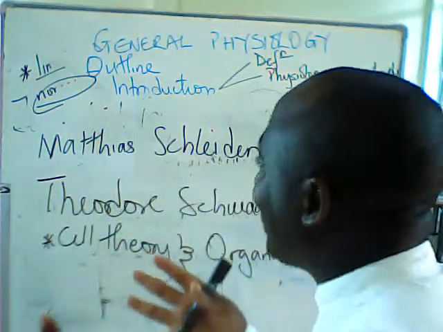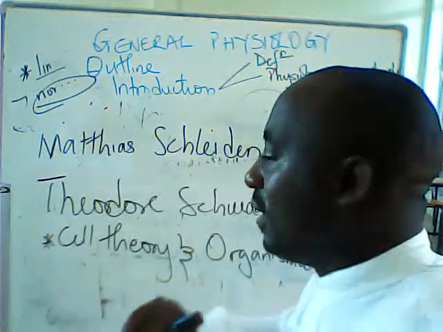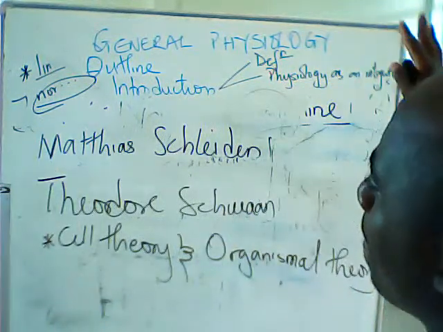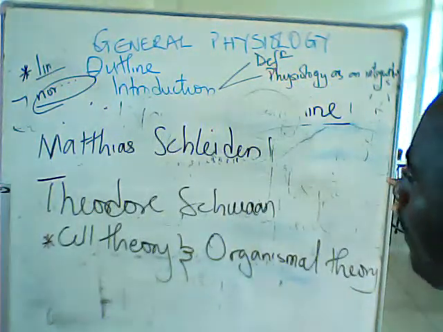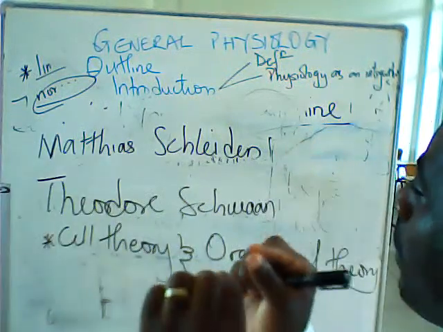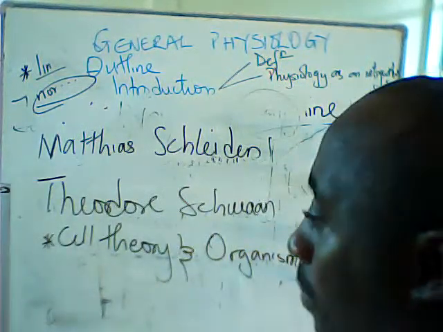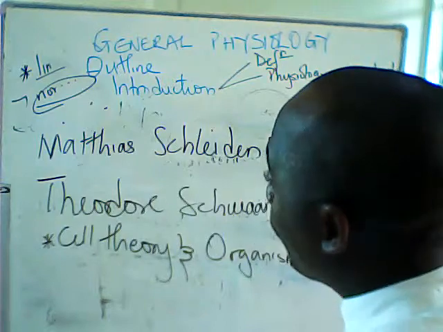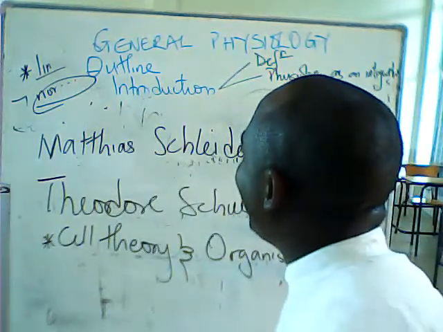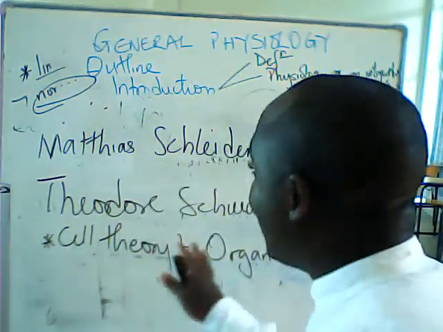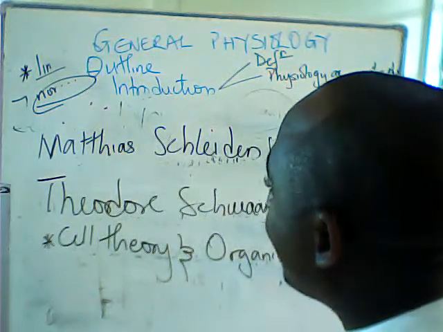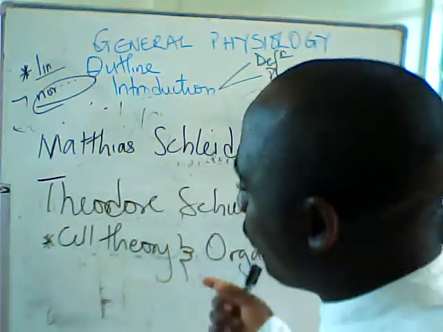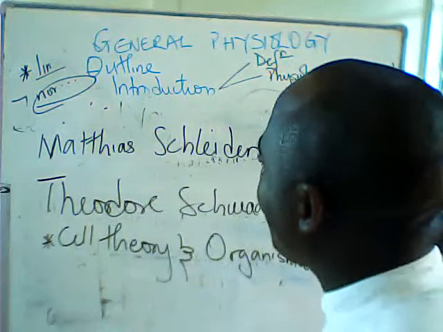So understanding the cell and the functioning of the cell is fundamental for you to understand the human body. Okay? It may just be complex, but the principles are the same. How a bacterium survives is the same way a human being survives. They are confronted by the same environment, and they develop adaptive mechanisms to be able to survive.